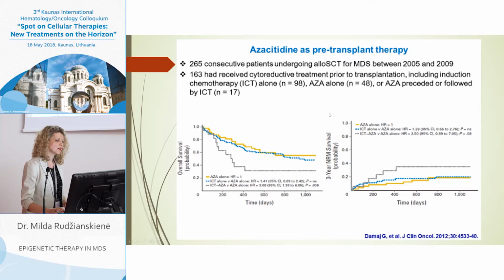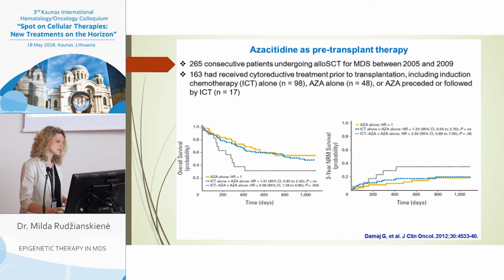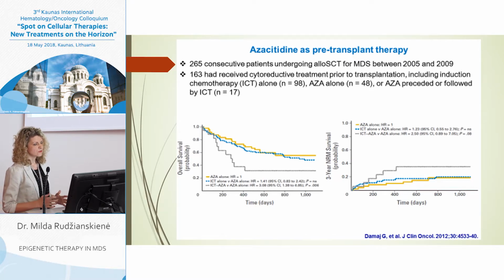We know that especially with a high percentage of blasts in MDS patients, it's very important to decrease the tumor burden before allogeneic stem cell transplantation. Here you can see the data from the French trial, and of course what kind of induction chemotherapy to use before allogeneic transplantation is still very conflicted.